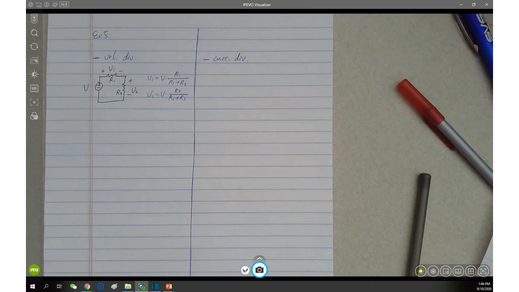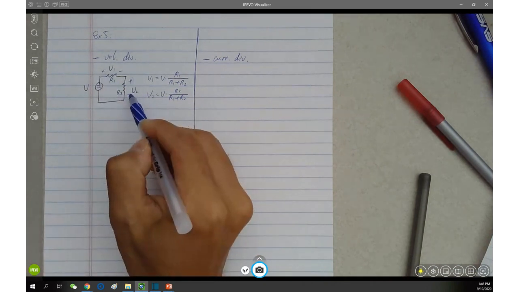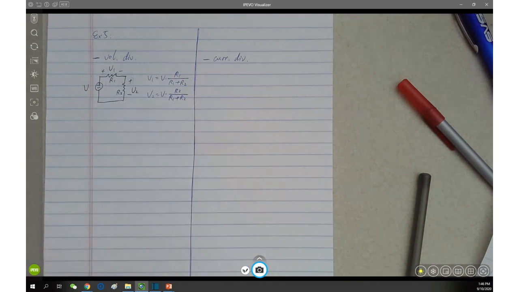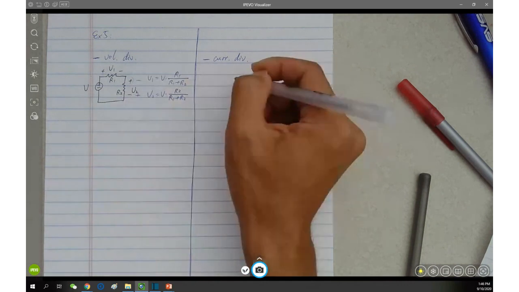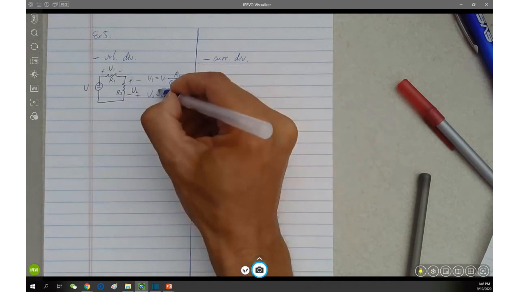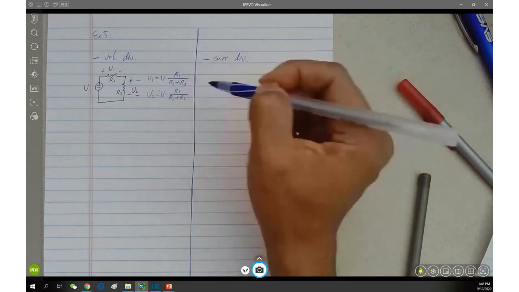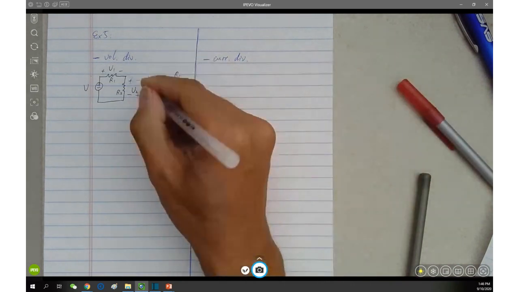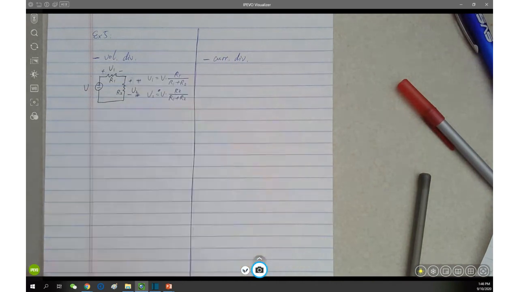Of course, very important, the voltage polarity must be like this. Say V2 is labeled with such polarity, then how do you find V2? You need to have a negative sign in front of the result, right? So voltage polarity, again, very important.